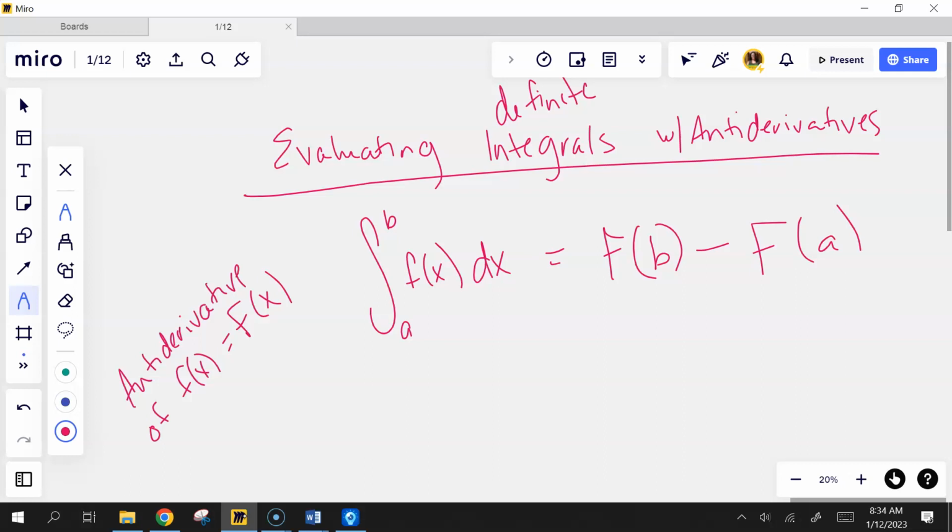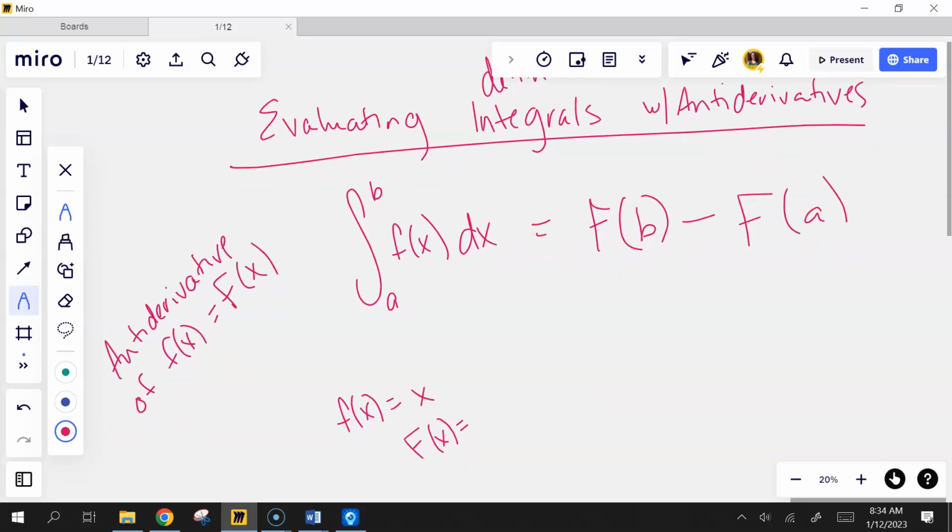Remember when we were doing antiderivatives and we had to do that constant of integration? If this was just x, what would the antiderivative be? 1/2 x squared plus c, right?